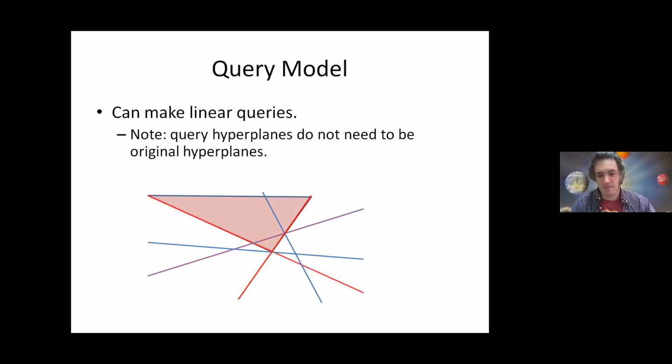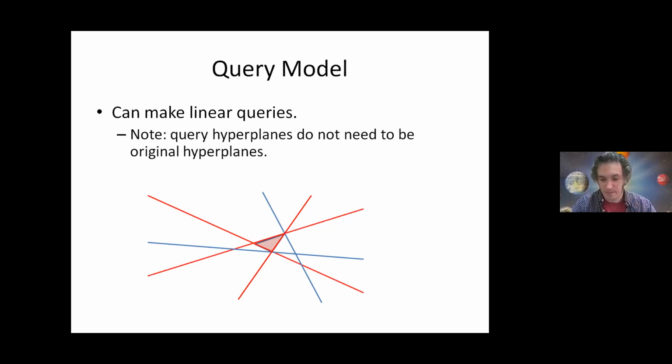And maybe if I make the right guess, I can actually, with just 3 guesses, pin down that my point has to be somewhere in this triangle, which is contained within only one cell. And so I'll actually have the answer perhaps faster by making these queries via other hyperplanes that were not in my original set.